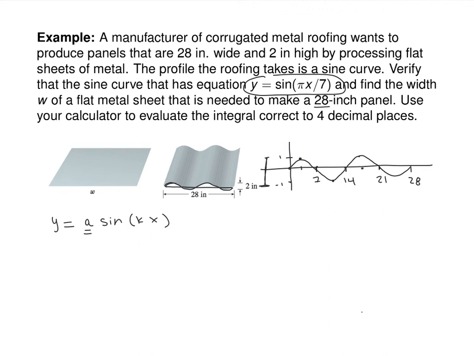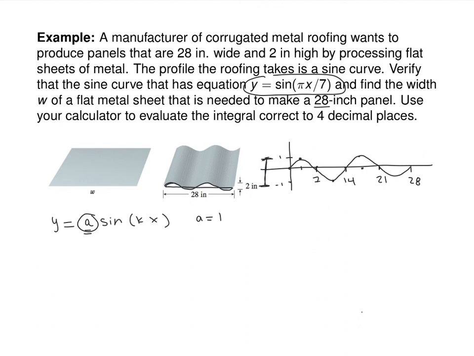The total distance from top to bottom of the curve here is 2. Now, a regular sine curve also has a distance of 2 from top to bottom. So in this case, that a is just equal to 1. A is often referred to as the amplitude, which is half of that total distance.